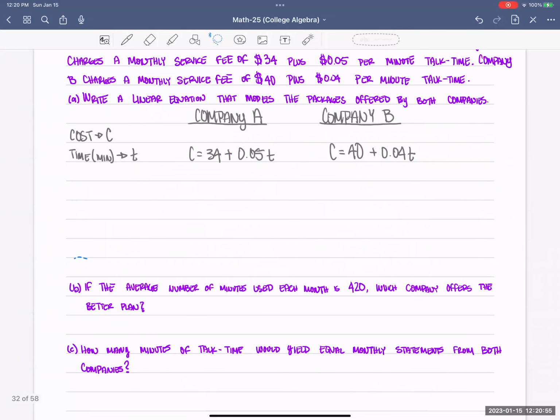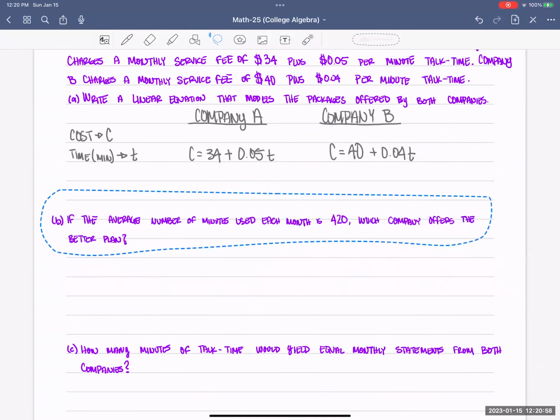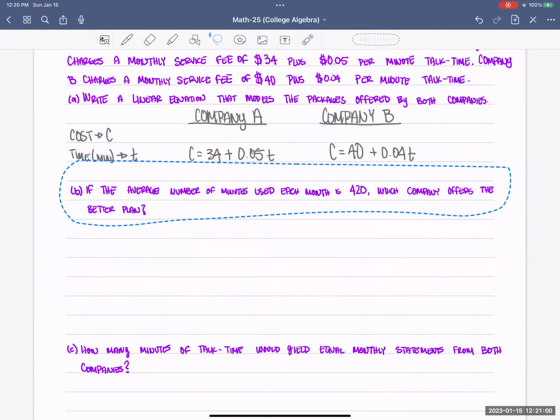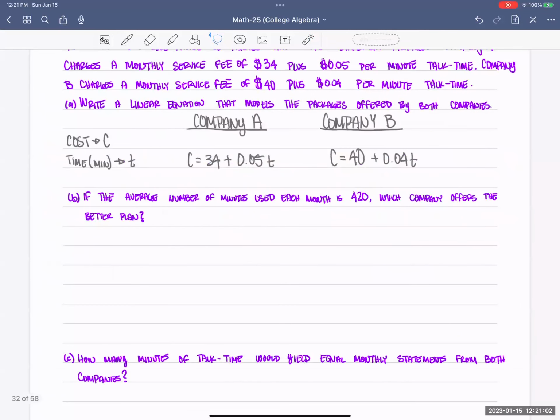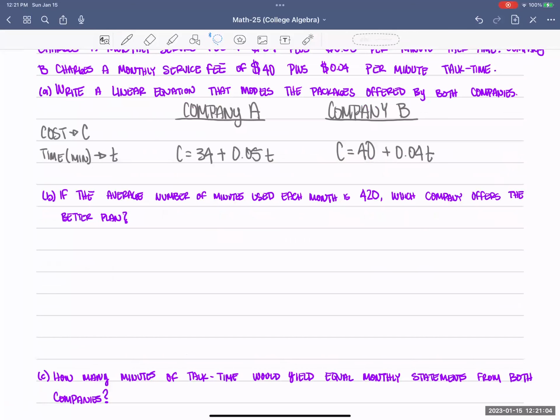And now moving on to part B. If the average number of minutes used each month is 420, which company offers a better plan? Let's see. Let's start with company A. We have an equation for company A already. Our equation is the cost is equal to $34 plus 5 cents a minute.